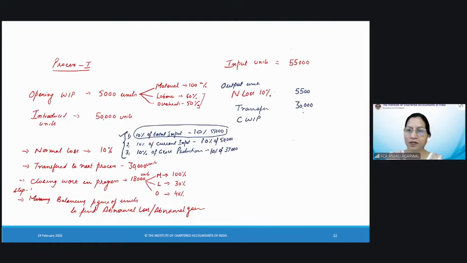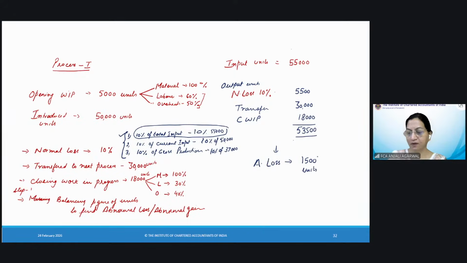These three will be generally given, which is 18,000. What is the total of output here now? 30 plus 18, 48 plus 5,500. So it's 53,500. A little less than 55,000. So the balancing figure is abnormal loss of how many units? 1,500 units.